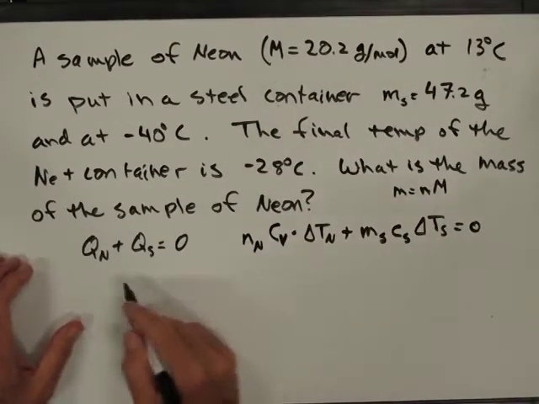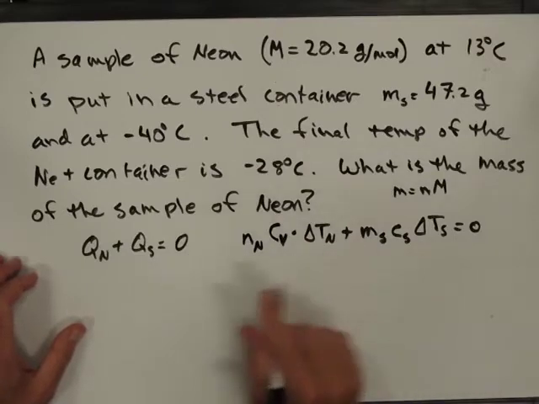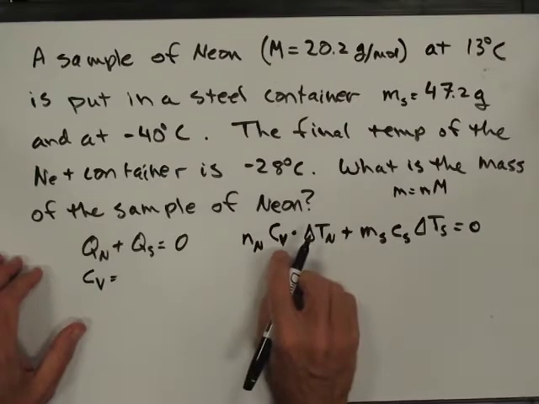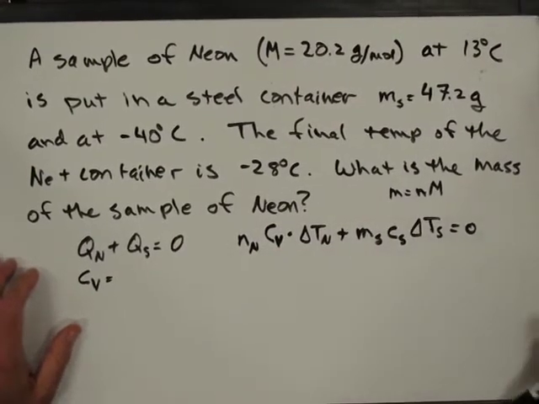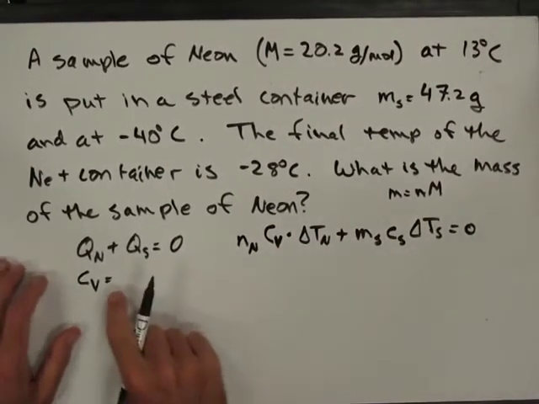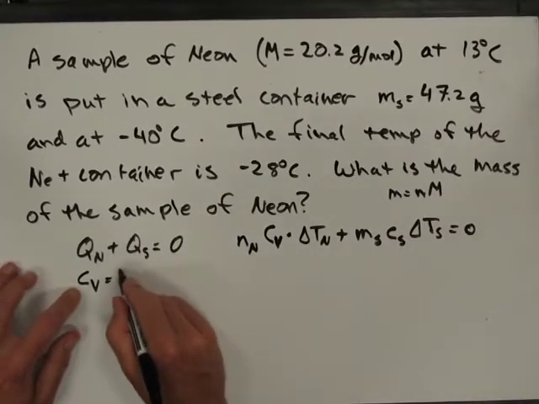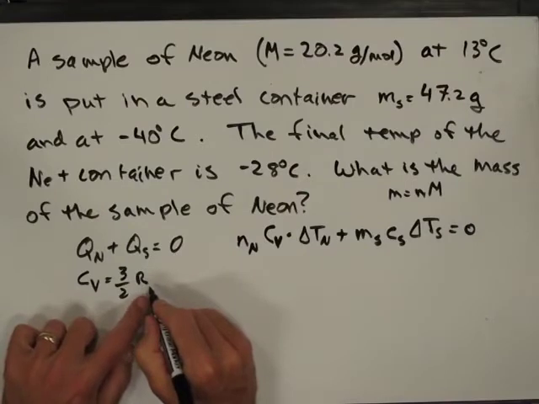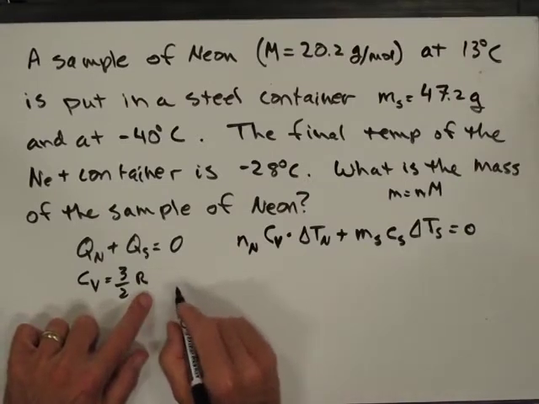Let me just write down a few things here. We already know CV, the molar heat capacity at constant volume, is 3/2 times R, where R is the universal gas constant, 8.314 joules per Kelvin mole.